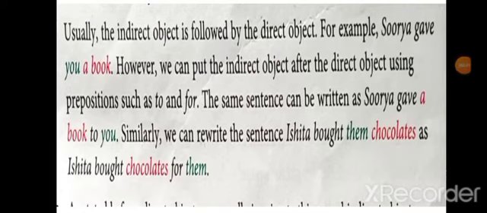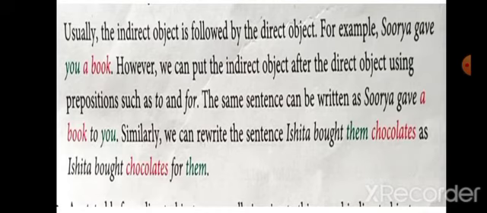My dear children, here are a few more points to remember about direct and indirect objects. Usually, the indirect object is followed by the direct object. For example, Surya gave you a book.